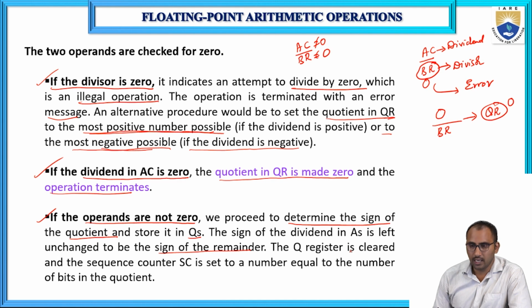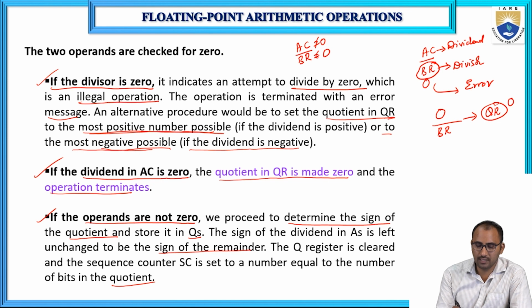The Q register is cleared and the sequence counter SC is set to a number equal to the number of bits in the quotient. So first we check all three cases: the divisor is 0, the dividend is 0, and both the dividend and divisor are not 0.